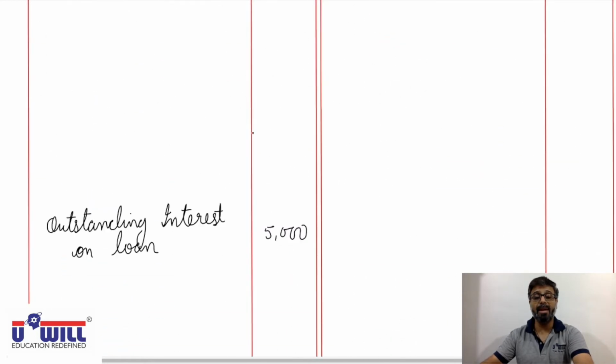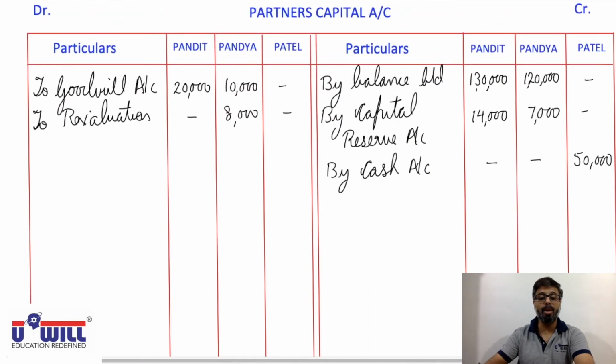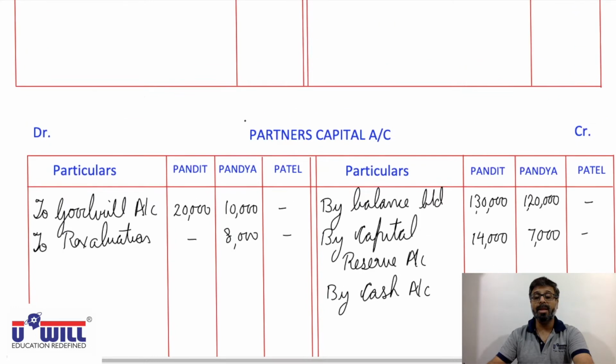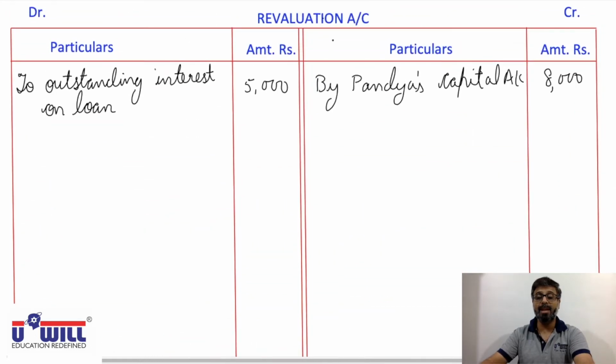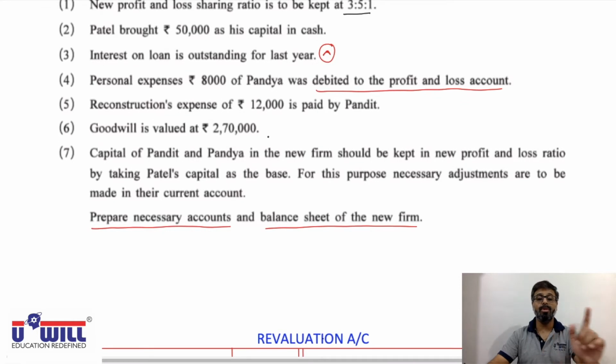So Pandya's capital account debit means in Pandya's capital, partner's capital debit side, opposite account to revaluation, Pandya's column 8,000. To revaluation means in revaluation on credit side by Pandya's capital account, opposite account 8,000. Okay. Still any confusion? Pause the video, rewind it and see it again.